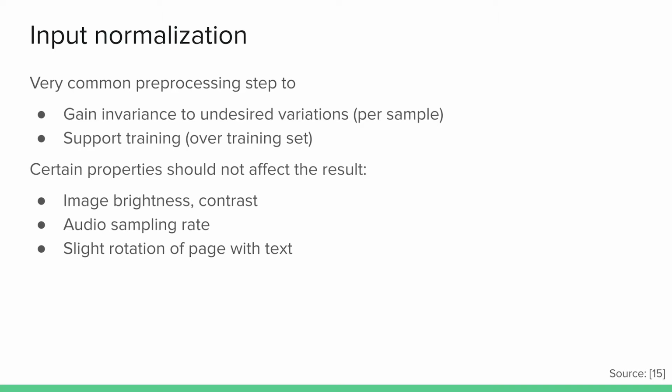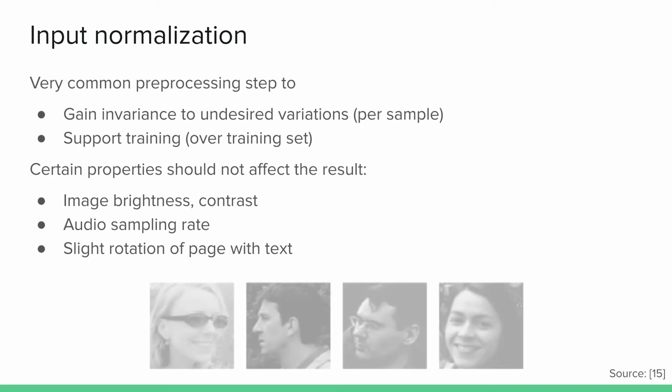And finally, if you rotate a page with text, it definitely should not change the content that is written on that page. We can try to normalize our input data to even those slight variations out and try to come up with a very homogeneous training set.